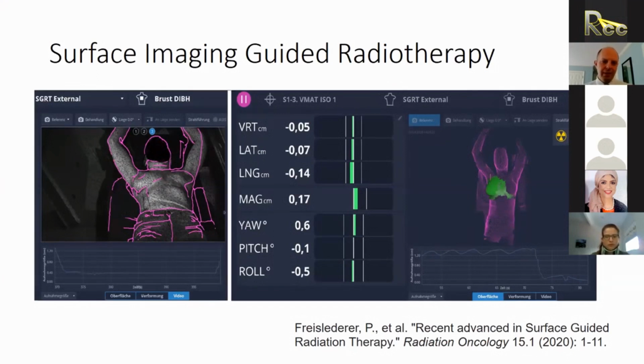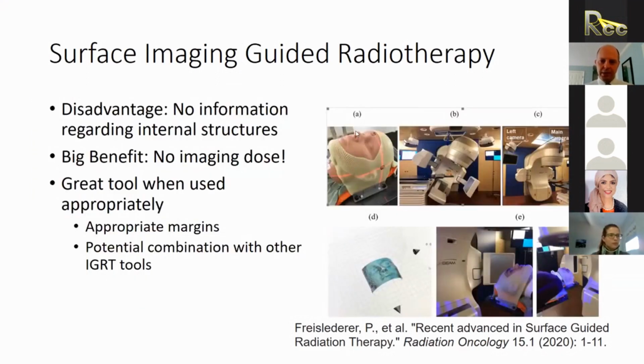Basically, you have some sort of an optical camera array, and it measures the position of the skin surface. You can see an example here where you've got some cameras and you're reconstructing this surface.